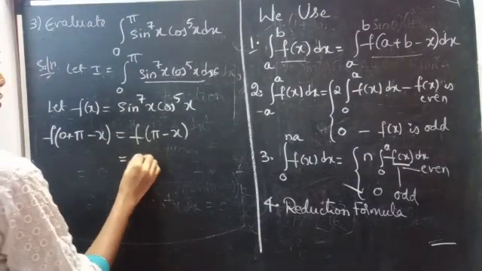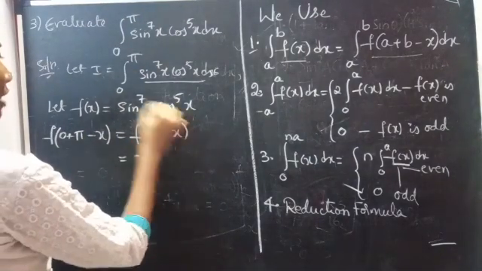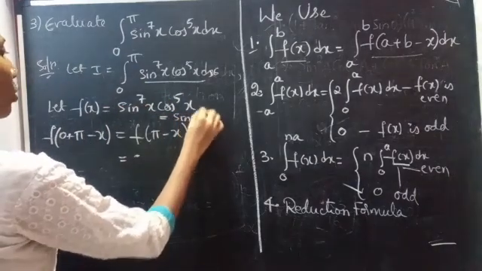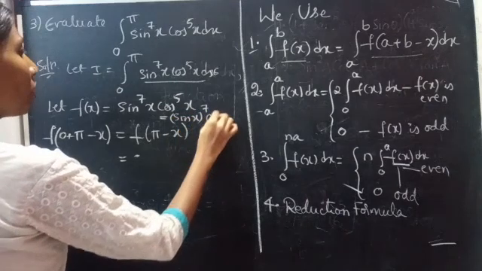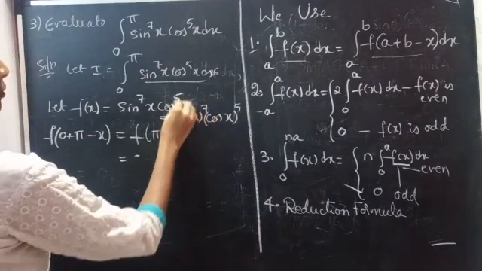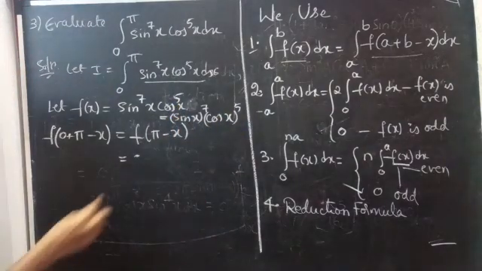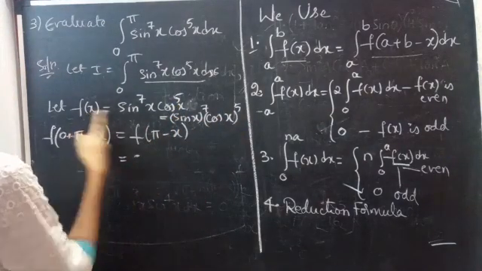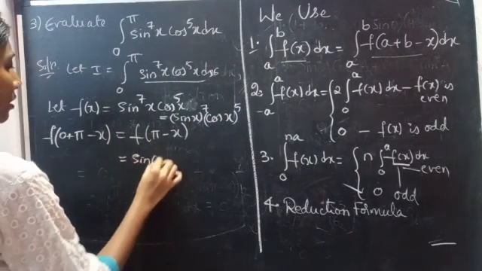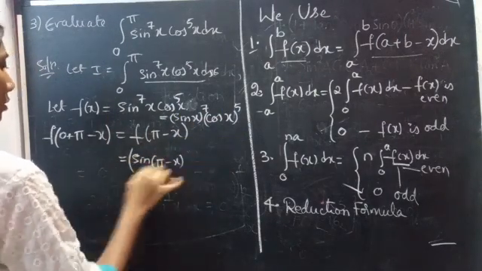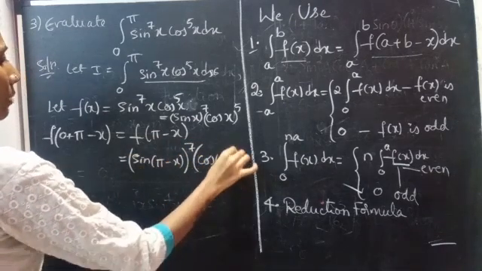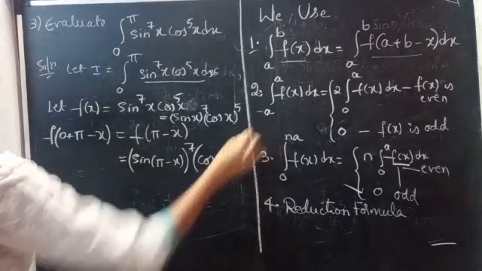Here you can write f of x as sin x whole power 7 into cos x whole power 5. Now replace x with pi minus x. Then you'll get sin of pi minus x whole power 7 into cos of pi minus x whole power 5.